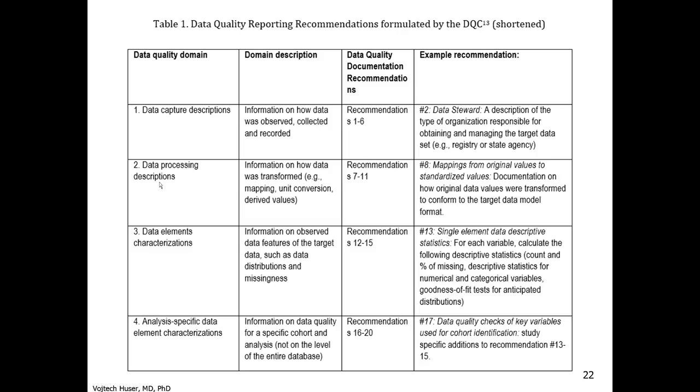Describe that, such as how did you map from source to target values, codes. The third domain would be characterizing the individual measures which appear in the data in terms of count, ranges, percentage of missing, and things like that. And this is where Achilles Heel or Achilles is mostly positioned. And the fourth domain is study specific. So this would mostly span the 1, 2, and 3 because it's difficult to design study specific ones on a generic level.